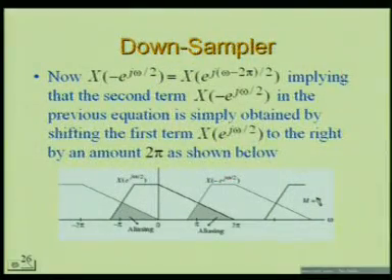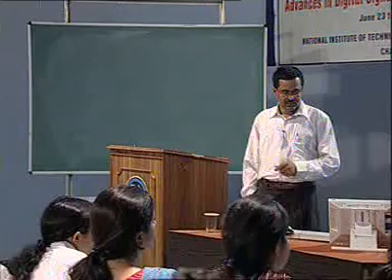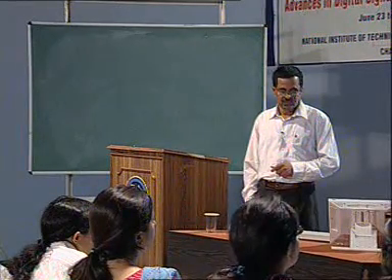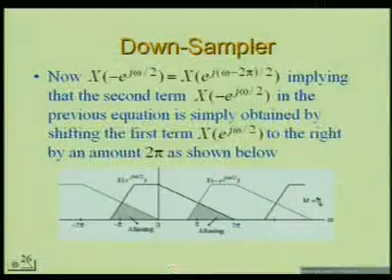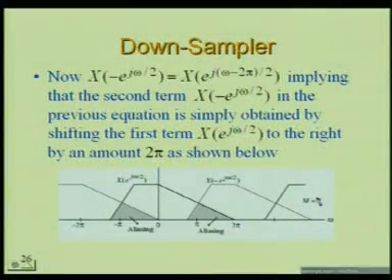You can observe this figure here. Your X(-e^(jω/2)) can be obtained by simply shifting this X(e^(jω/2)) by an amount equal to 2π, to the right side.